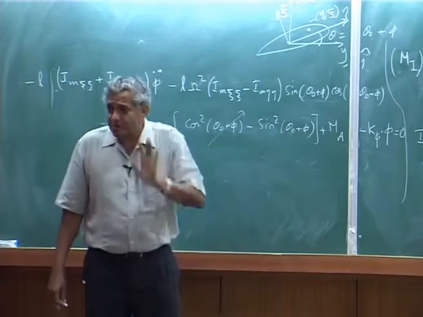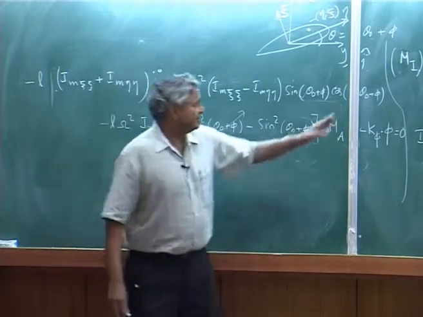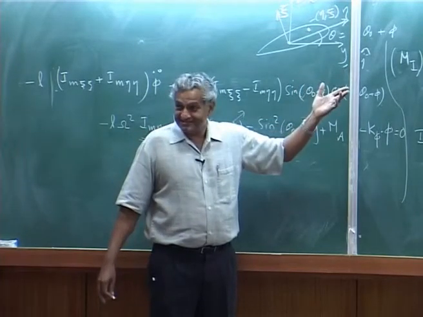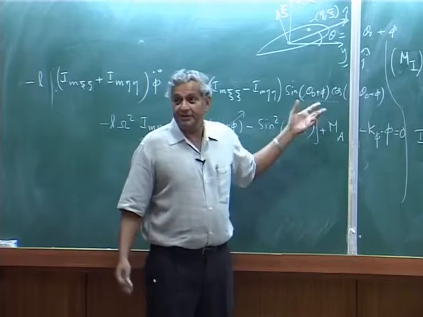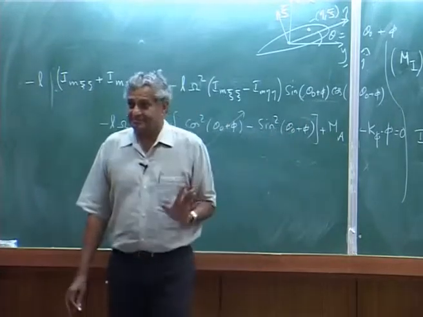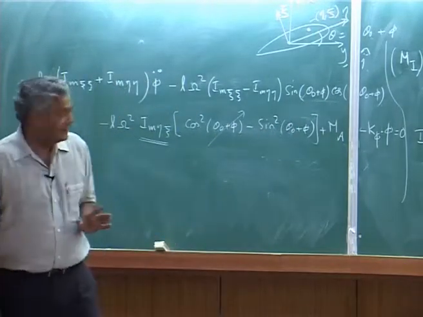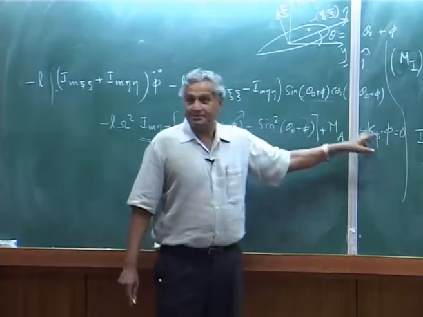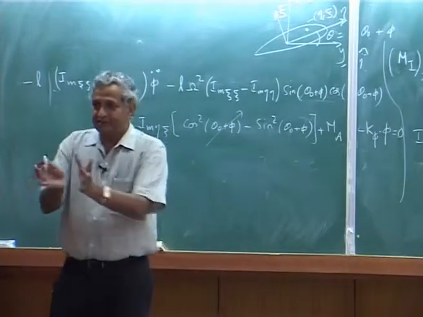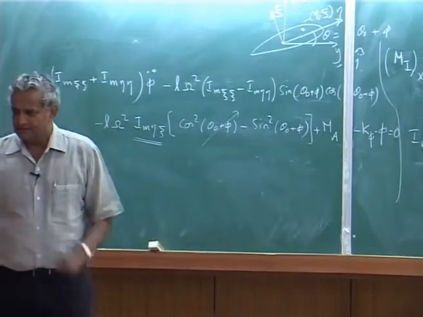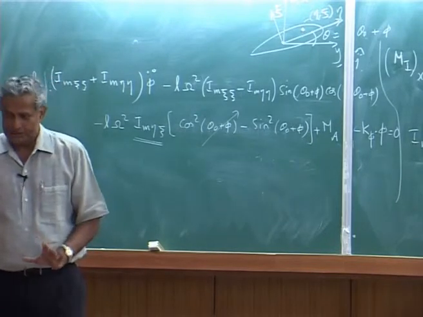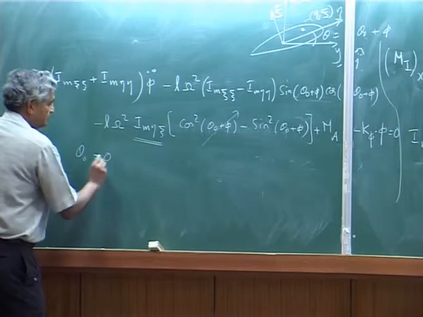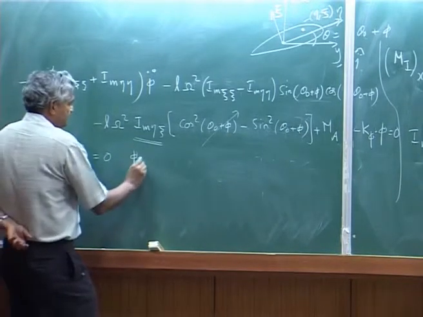Then my motion is very small, phi is small, then this term you set to 1, you will have sine phi is phi. Then you will have phi double dot, there is a phi term. So, I have my equations very simplified, you follow. That means you are making theta naught equal to 0, phi is small.